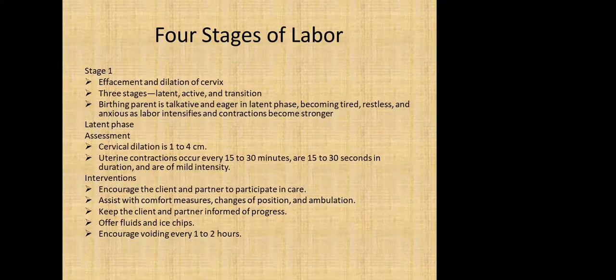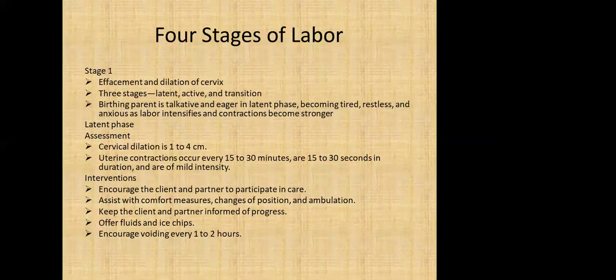The cervix has to thin to make it easy for the presenting part to maneuver its way through the cervix. That is the main job of stage one. So stage one deals with effacement and dilation of the cervix. It has three phases, or if you want, you can equally say three stages within stage one.